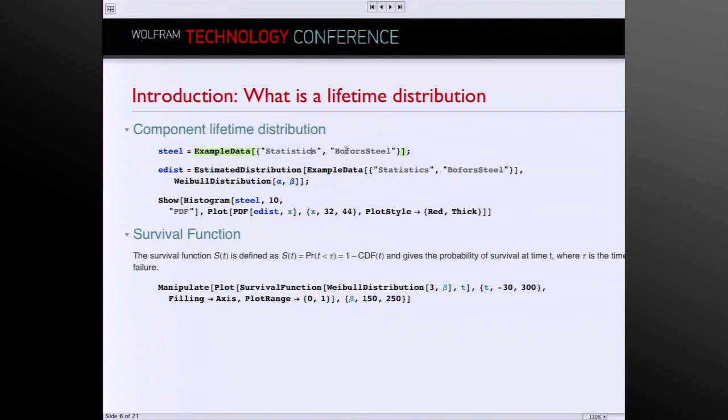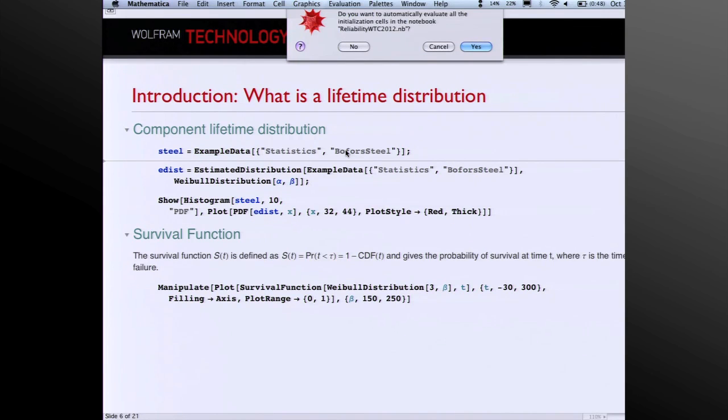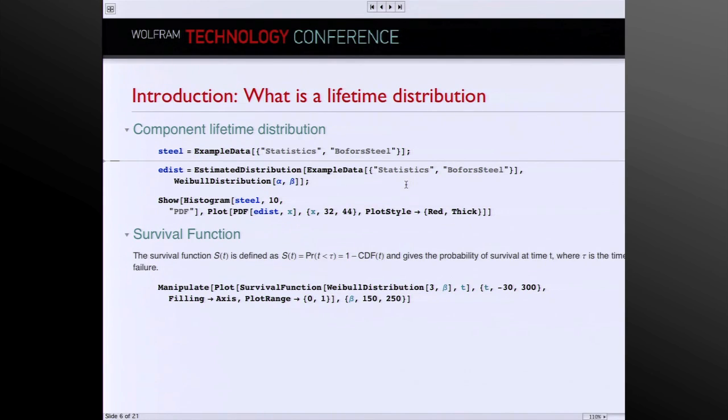Now, what the reliability distribution is, well, the other part of it is the data. So you'll need some kind of failure data. How reliable are the components? One of the most used lifetime distributions for data is the Weibull distribution.